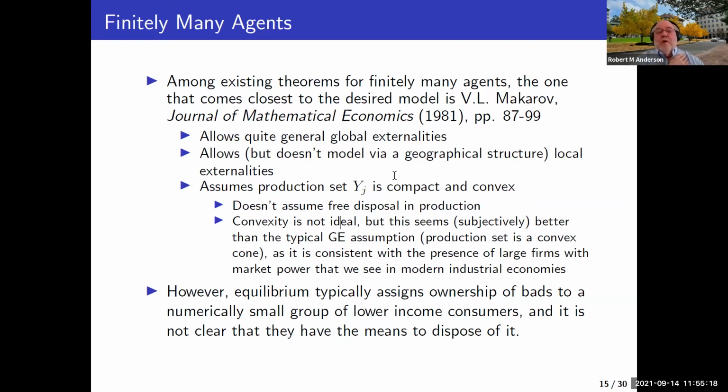Convexity is more of a problem, and this is a general issue in general equilibrium. It's related to the fact that you get large firms. The failure of convexity of production sets is essentially the reason why you get very large firms that have market power.